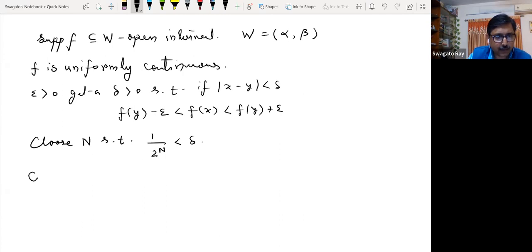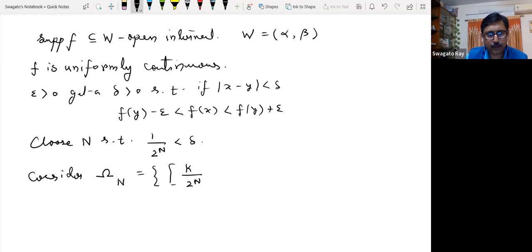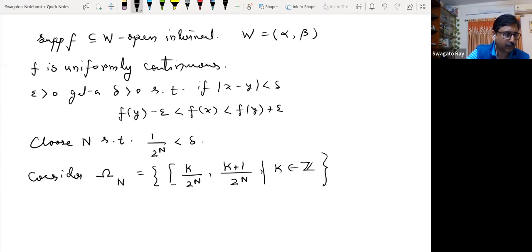So consider first Omega capital N. Everybody here is of the form [k by 2 to the power N, (k plus 1) by 2 to the power N), where your k belongs to Z. I got this Omega.